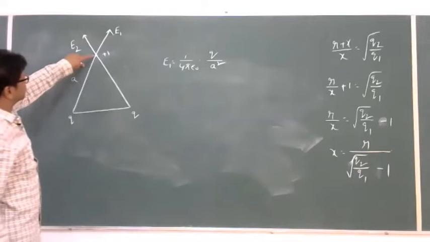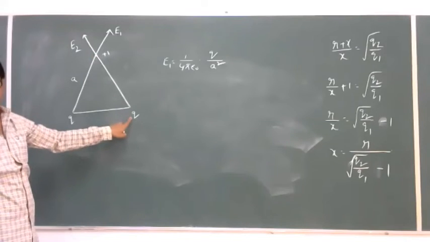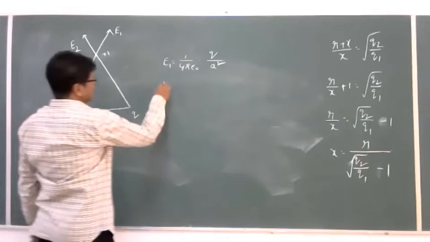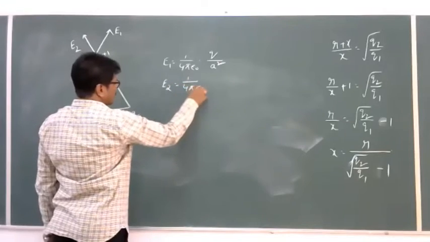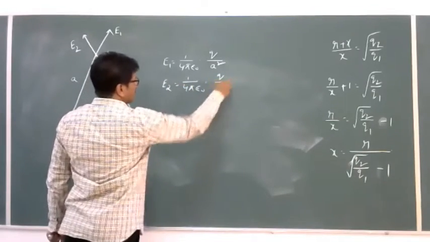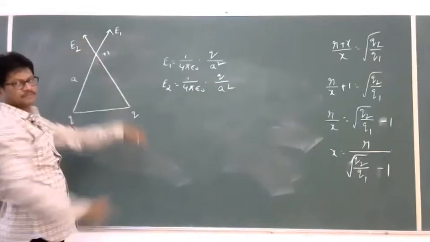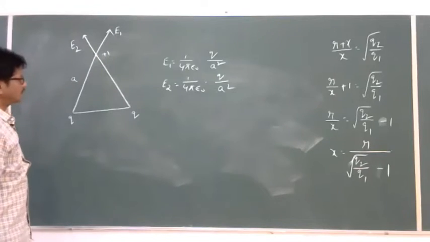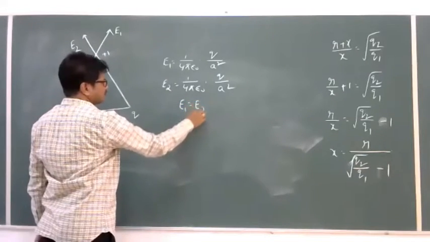E2 is the electric intensity acting at this point due to this charge Q. What is E2 now? 1 by 4 pi epsilon naught Q by A square only here also, because it is an equilateral triangle. So from these two equations, I will write E1 is equal to E2.